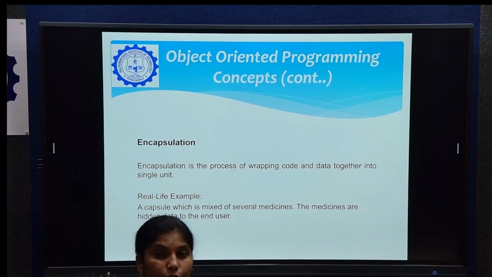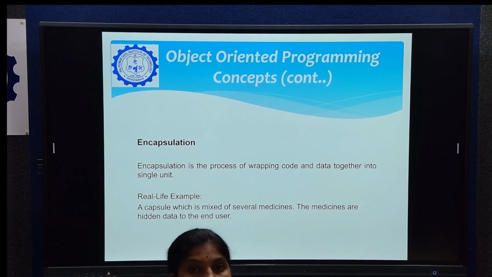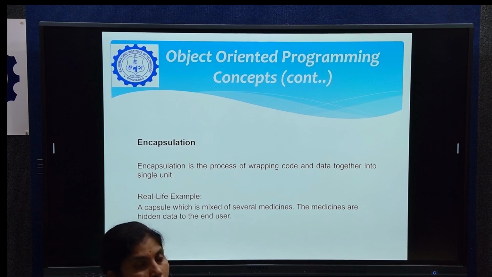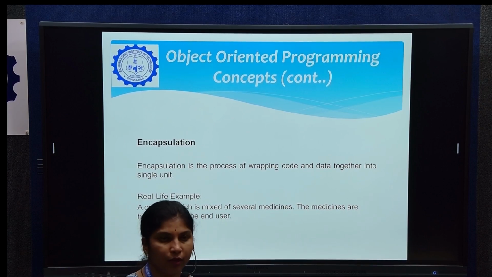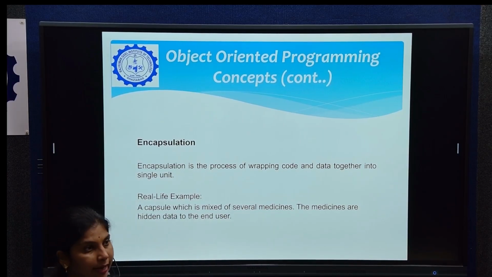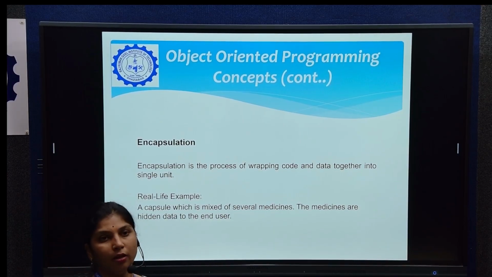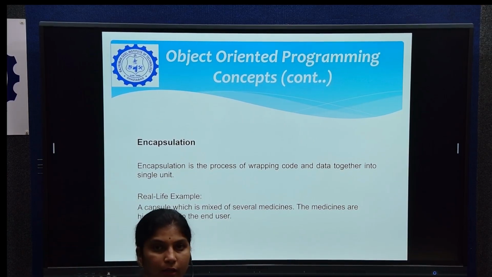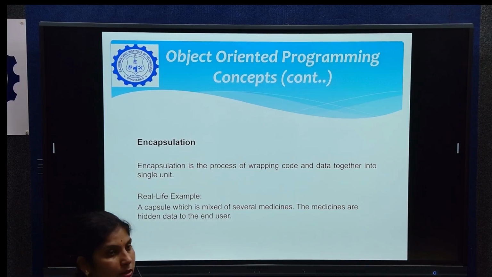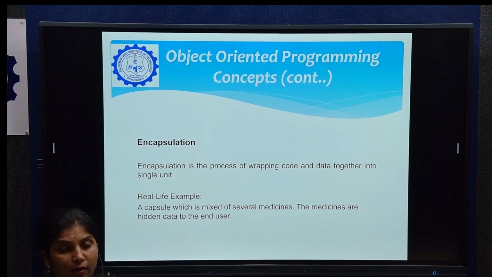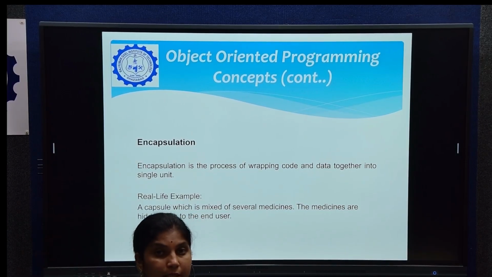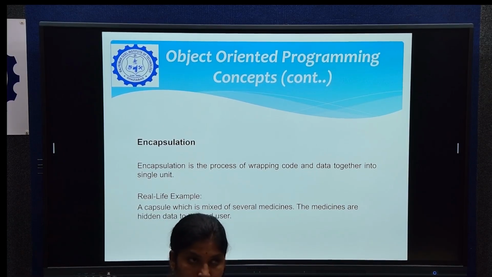But in object oriented programming, how do we perform encapsulation? You are definitely aware of some languages like C++ and Java. These are all examples of object oriented languages. In these languages we have the concept of class. Class is one of the basic concepts of OOPS.